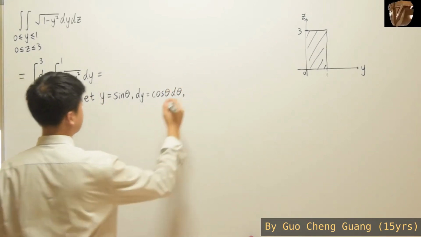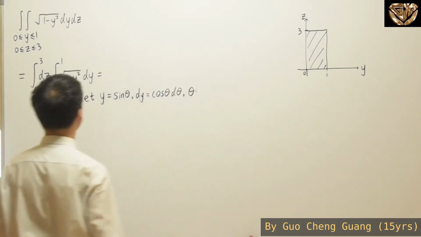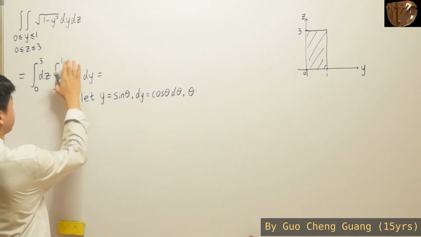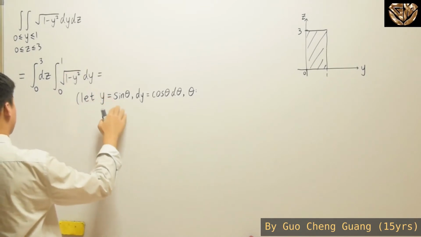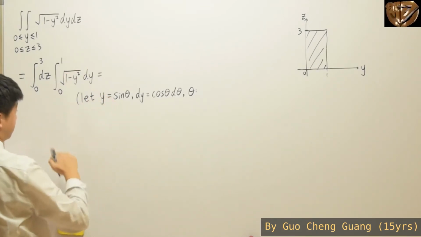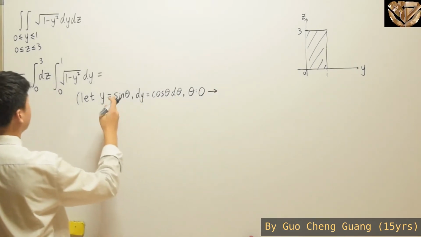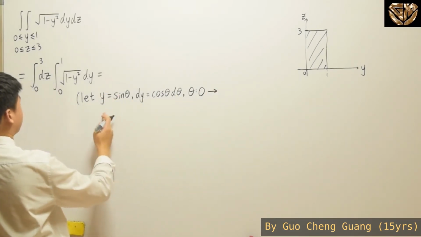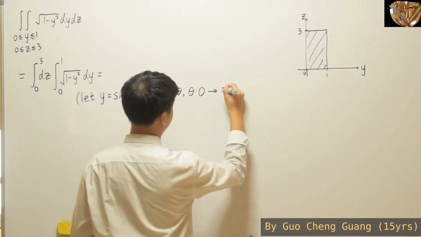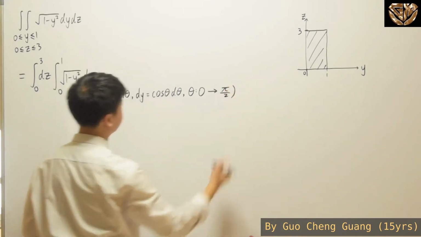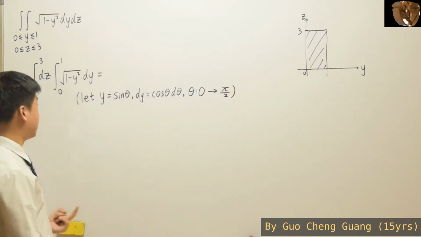And then of course your range for theta. Now y is 0 to 1. So sine of something that gets 0 would be 0. So theta is from 0 to, now sine of something that gets 1, which is half pi. So theta is from 0 to half pi.